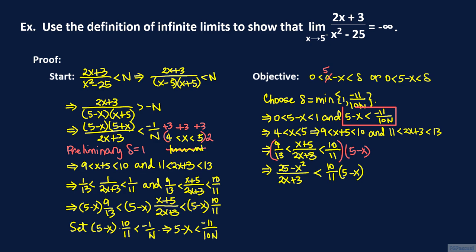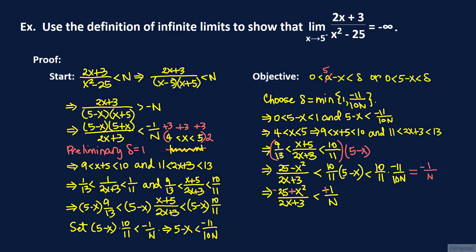Since 5 minus x is less than minus 11 over 10 times n, 10 over 11 times 5 minus x is less than 10 over 11 times minus 11 over 10 times n. Of course, this product is equal to minus 1 over n. And so we have 25 minus x squared divided by 2x plus 3 is less than minus 1 over n.